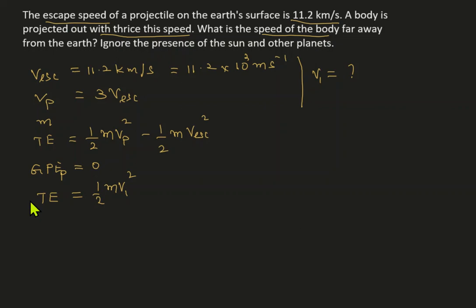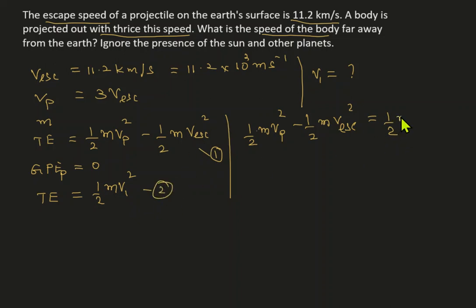Now from the law of conservation of energy, we have got this total energy, half m vp squared minus half m v escape velocity squared, is equal to the projectile energy far from the Earth, half m v1 squared. Let me consider this as equation 1, this is equation 2. So these two can be equated.